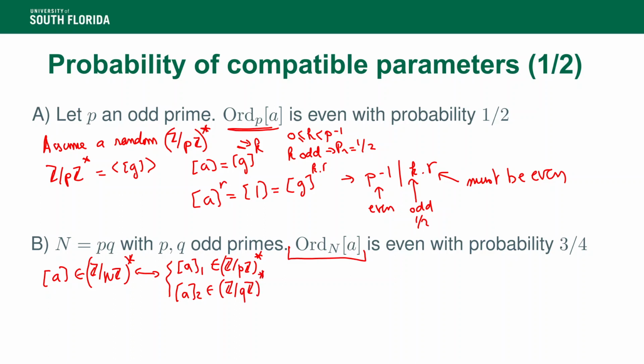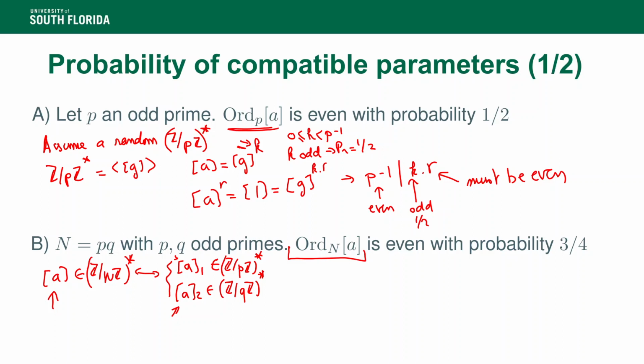Because of that, drawing A at random in Z mod NZ star is the same as drawing A1 at random in Z mod PZ star and A sub 2 at random in Z mod QZ star.